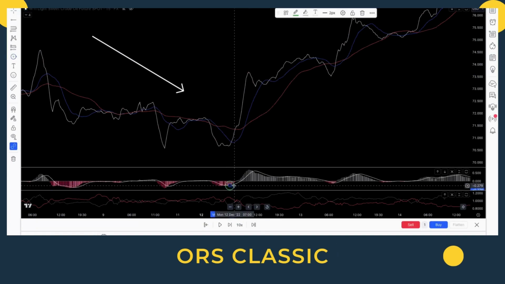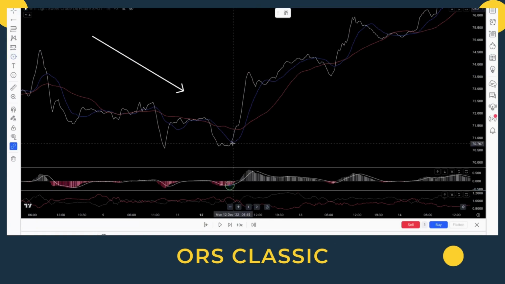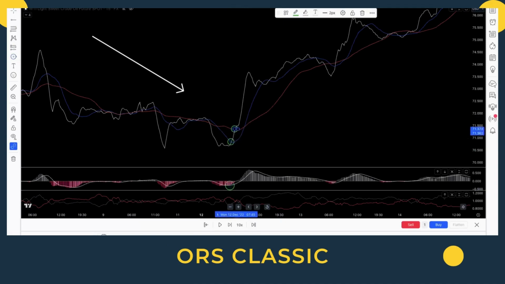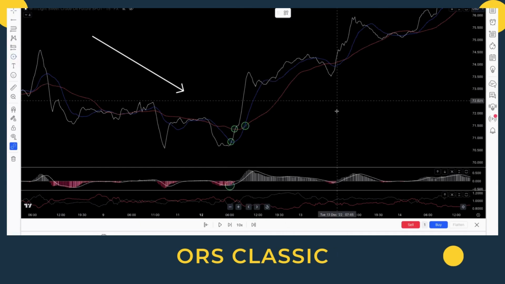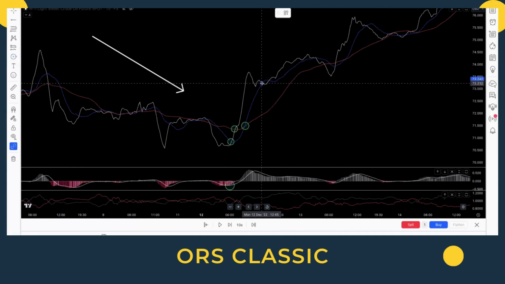So there's MACD cross, 4, 20, 4, 50, 20, 50. This is 1, 2, 3, 4. Then the steps 5, step 6 happened here. Step 6.